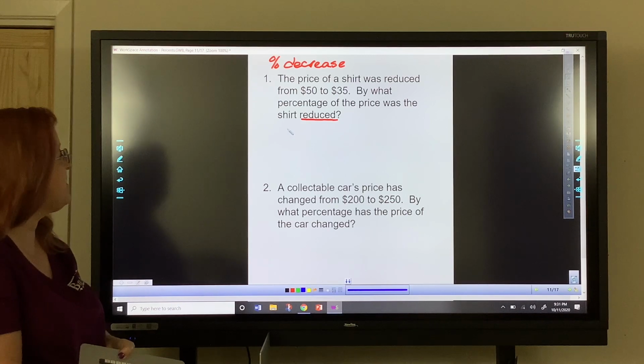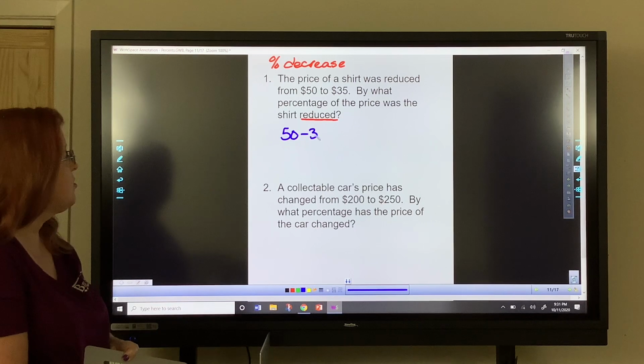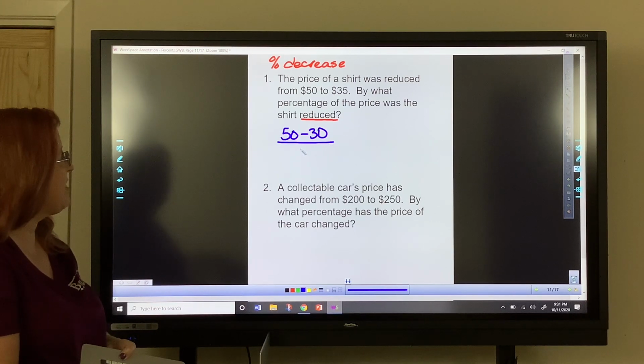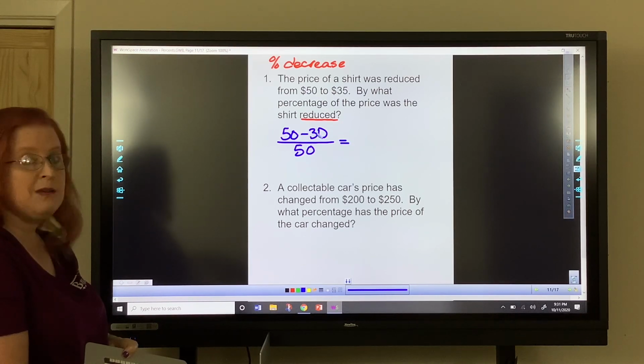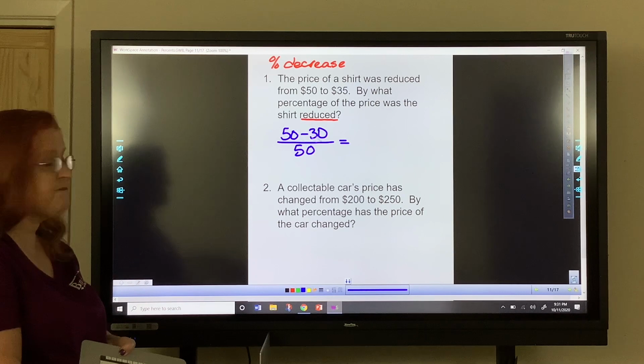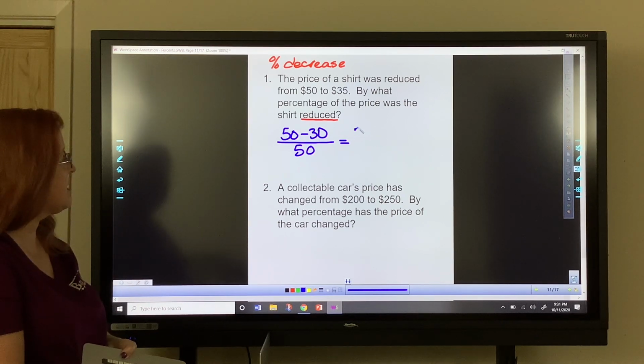So our rule says subtract the smaller amount from the larger amount. So we take 50 minus 35, and then divide that by the original. We started at 50, so we divide by 50. You always do the numerator first, so that's going to give us 15 divided by 50. Because I can count the zeros off, I get 1.5 over 5.